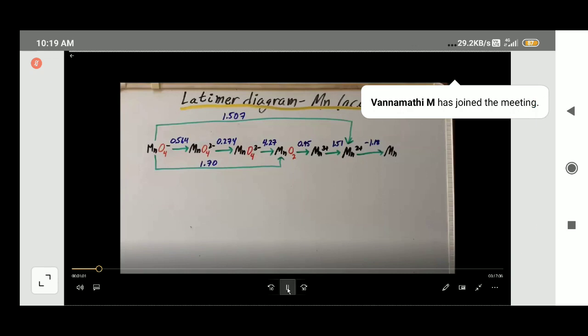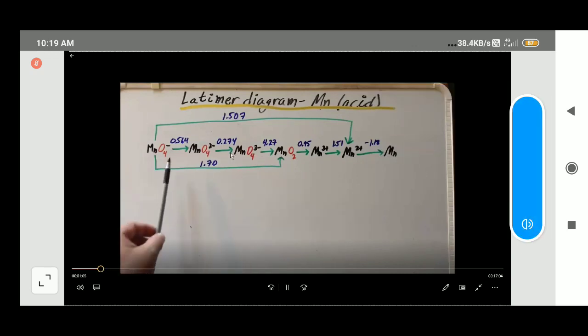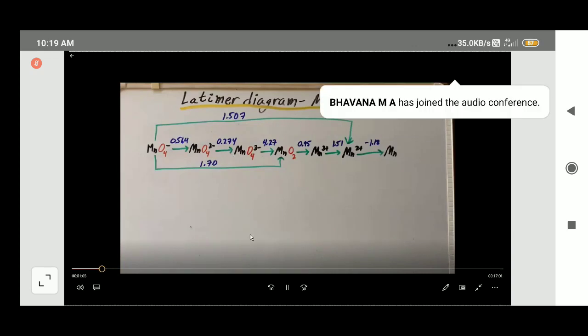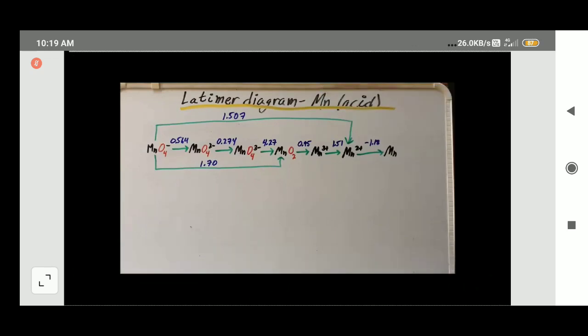Recall that species that are most easily reduced, the ones that have the most positive standard reduction potentials, are oxidizing agents. All oxidizing agents get reduced in the process of oxidation.